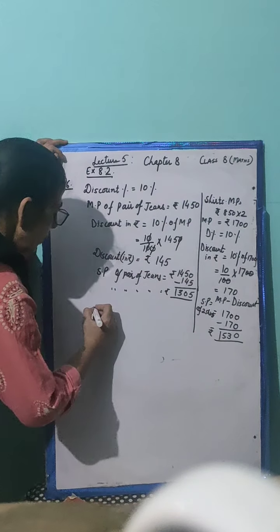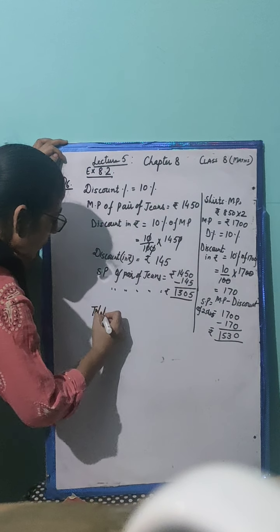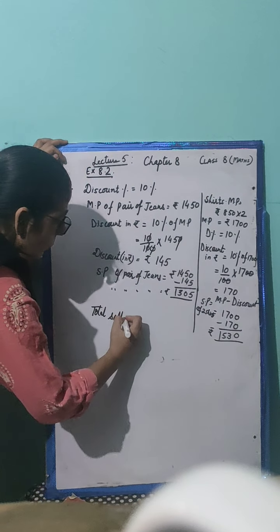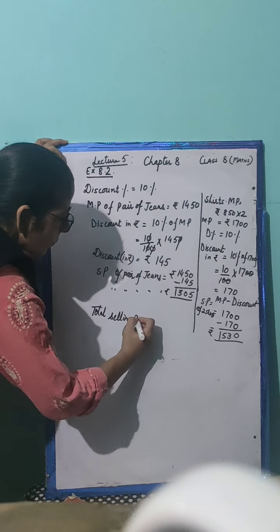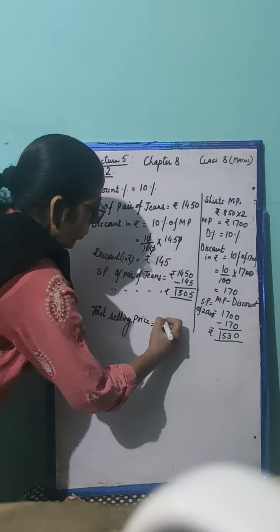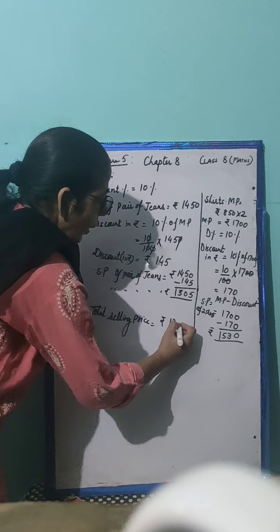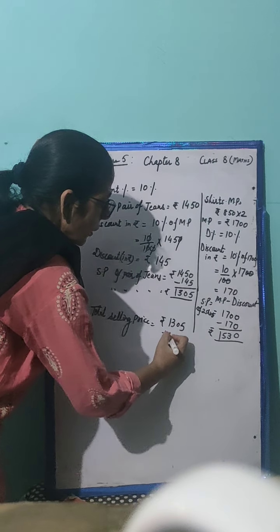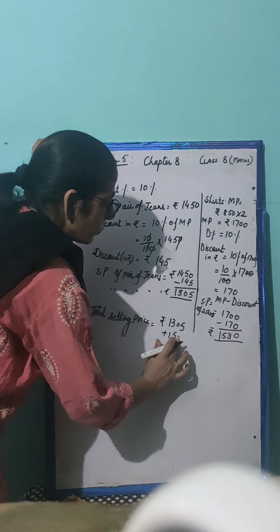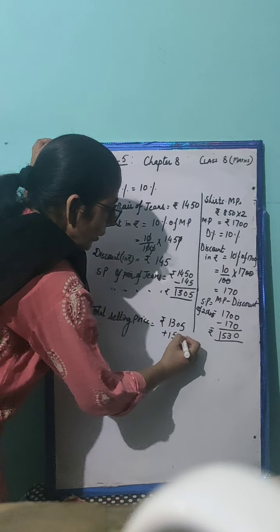So the total selling price will be equal to rupees 1305 plus 1530.